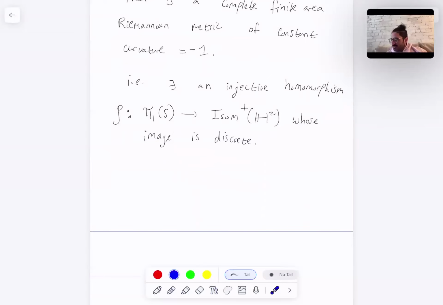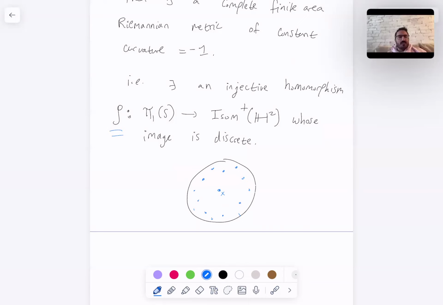And this word discrete just means that if I take the orbit of any point in the hyperbolic plane, which I'll think of as being the Poincaré disk, so I pick some base point x and I take all of its images under the maps that lie in the image of rho, then I don't see any accumulation points on the interior of the disk. I only see accumulation at the boundary.